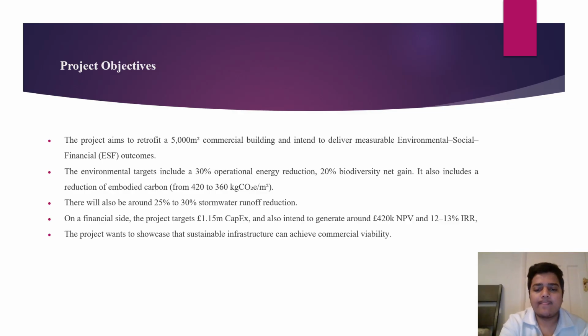There will also be a reduction in operational embodied carbon from 420 to 360 kilograms of CO2 per square meter. Financially, the 1.15 million investment is expected to generate a positive NPV of around 4,200 and an IRR of around 12 to 13% overall. These targets guide the workflow, which we will see in the Gantt chart. I'm going to the next slide.